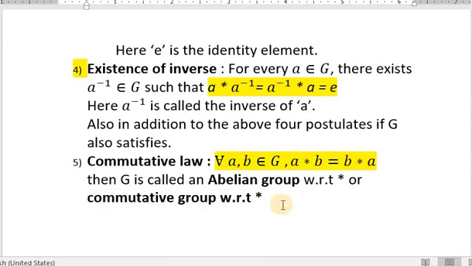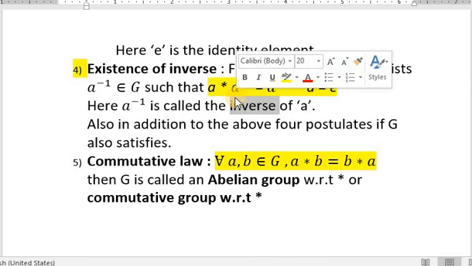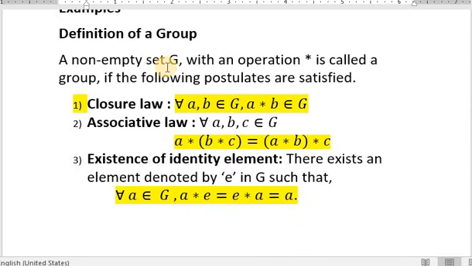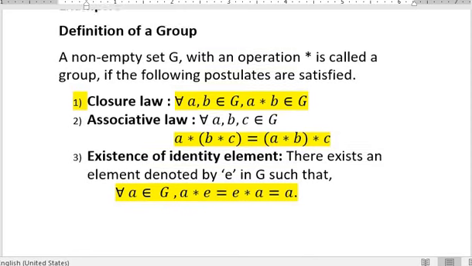A non-empty set G with a binary operation star is called a group if it satisfies the four properties, namely closure law, associative law, existence of identity, and existence of inverse.